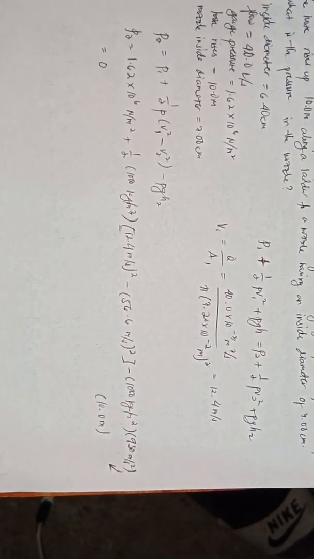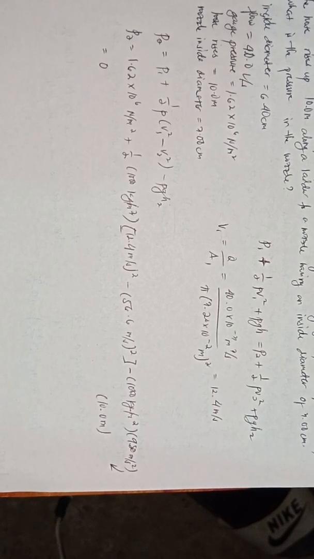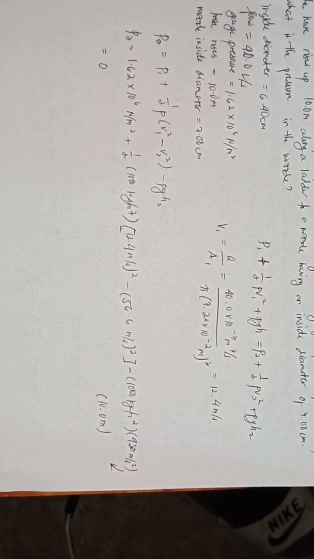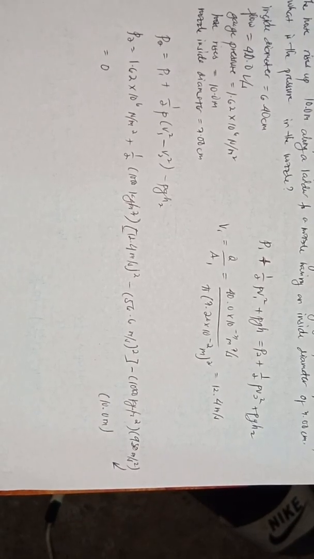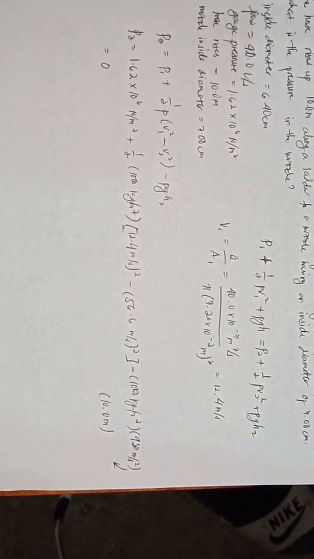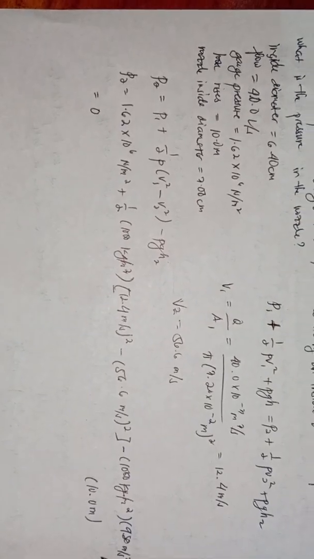For V sub 1: V sub 1 is equal to Q over area sub 1, which is equal to 40.0 times 10 to the negative 3 power meter cubed per second over pi times 3.20 times 10 to the negative 2 power meter parenthesis squared, which is equal to 12.4 meters per second. Similarly, using the formula, we get V sub 2 is equal to 56.6 meters per second.